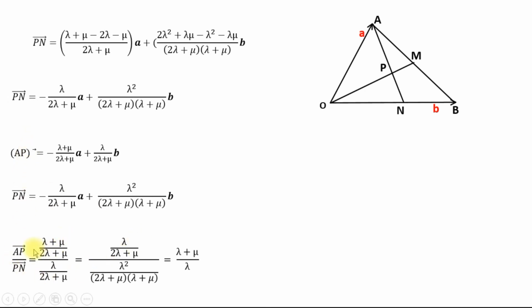These are two fractions that we divide, and both of them result in lambda plus mu divided by lambda, which is what we have been trying to show.